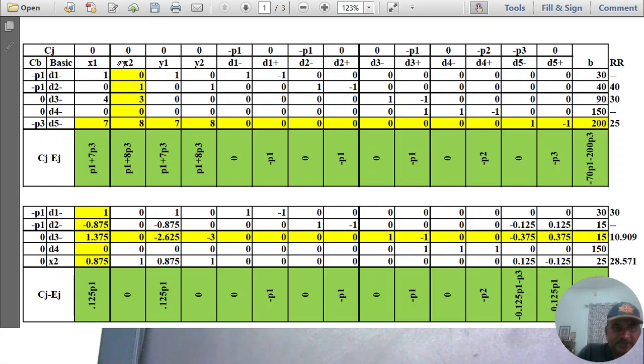So very first, in the top row you have to write the variables of your interest, and then the underachievement and overachievement variables we have taken for each of the constraints or goals. Then their corresponding coefficients in all the constraints we have written here. The method is exactly the same as the simplex method.